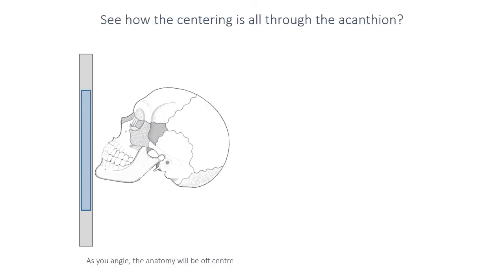It's important to recognize that as we center with greater and greater degrees of caudad angulation, it may be necessary for us to center on more inferior structures rather than the nasion, so as to be able to include the entirety of the cranial vault. So instead of always centering through the nasion, it may be necessary to center further down.